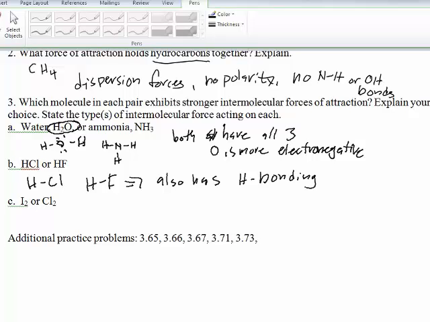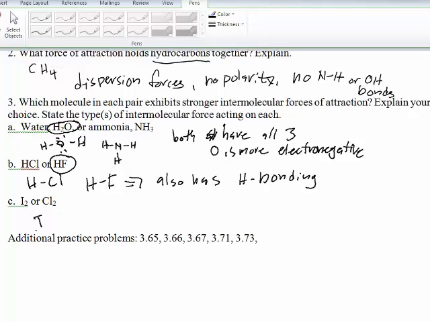Remember, we look for OH, NH, and HF types of bonds for hydrogen bonding. HF is not a very common type of hydrogen bonding because the only place to get it is in the HF molecule. So it's much more likely to see OH and NH bonds as hydrogen bonding, but HF also has hydrogen bonding. So certainly HF has the stronger intermolecular force.